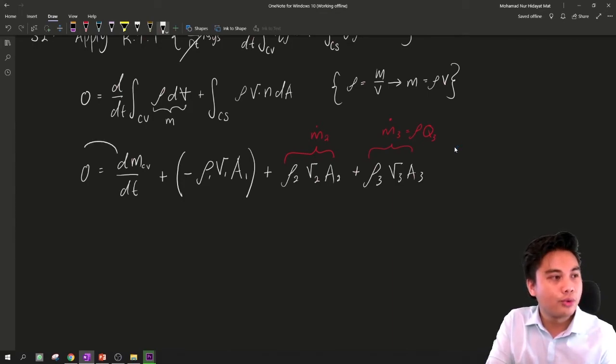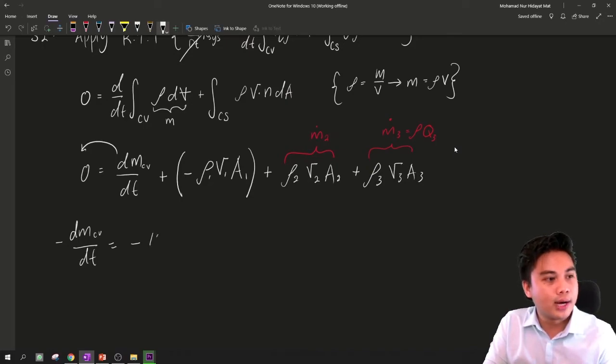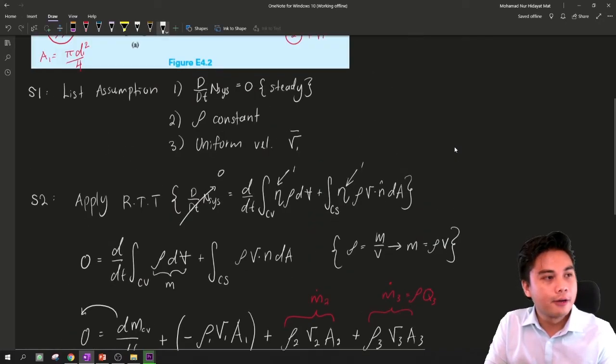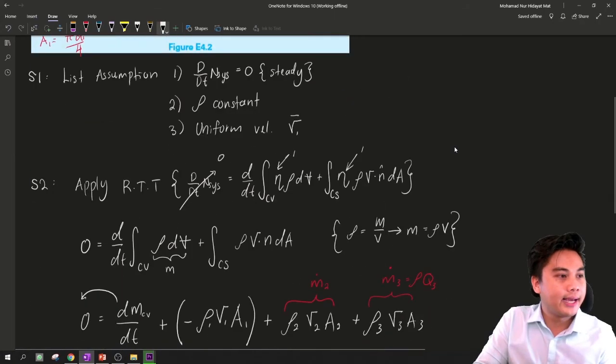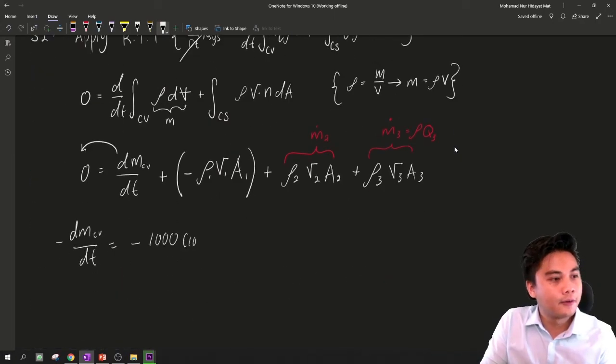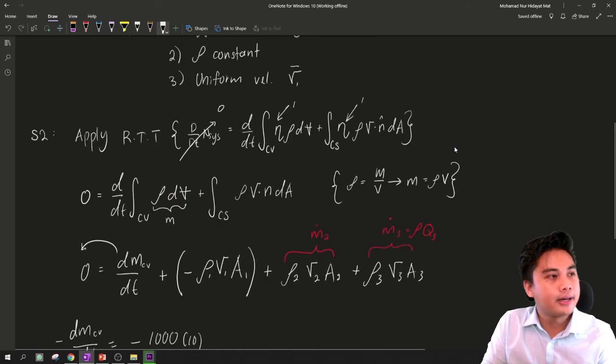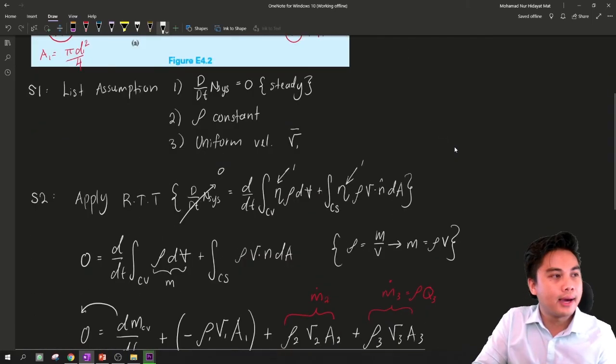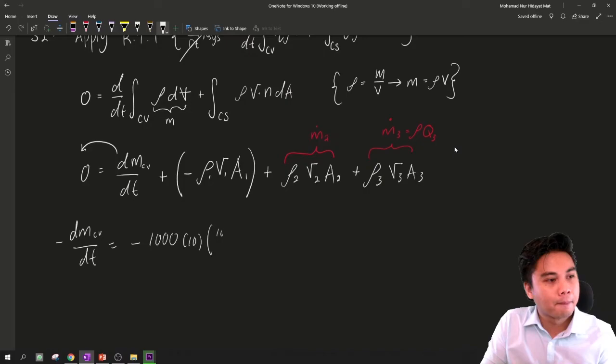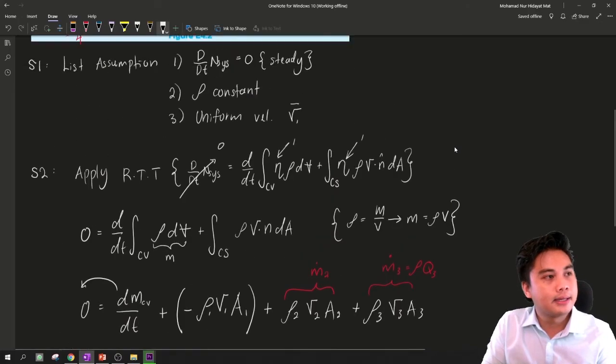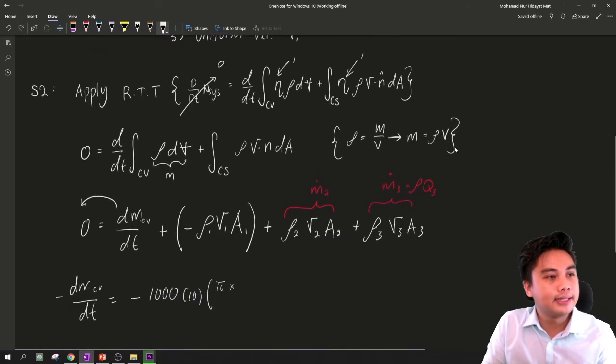So here we rearrange the equation. This one we move to the other side, so negative dm over dt equals negative rho of water, which is 1000, velocity at point 1 is 10 meters per second, and the area, we use the formula pi d squared over 4, with diameter given as 8 centimeters.